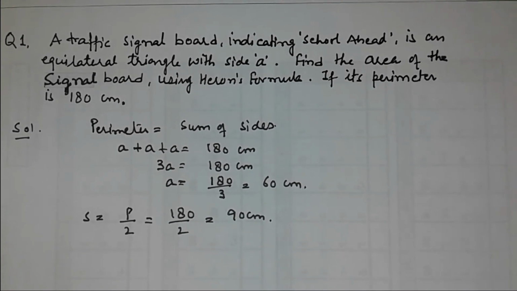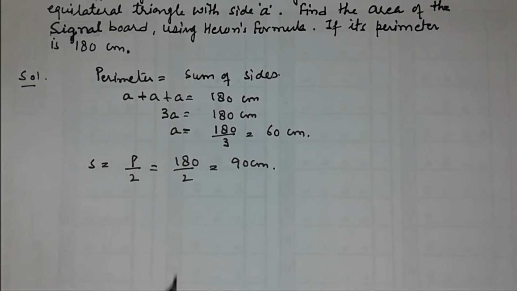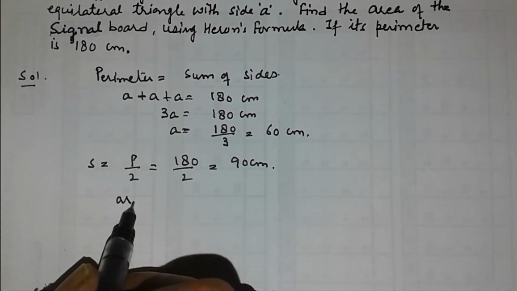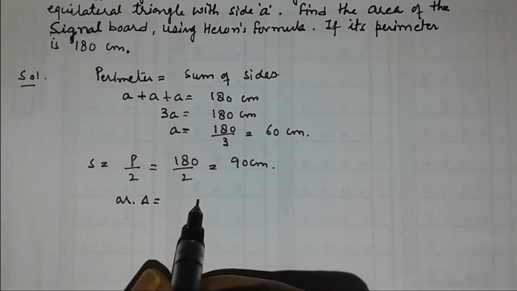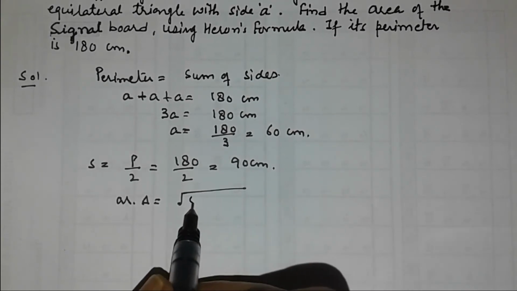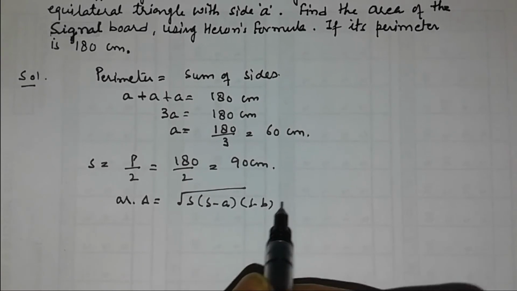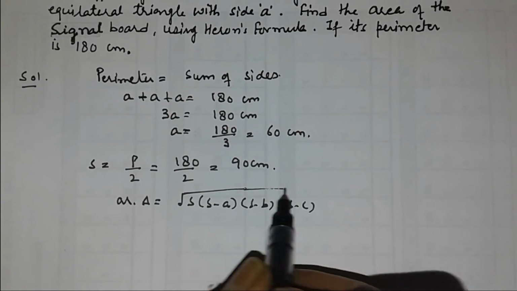Now students, we can use Heron's formula. Area of triangle is equal to the square root of s(s minus a)(s minus b)(s minus c).